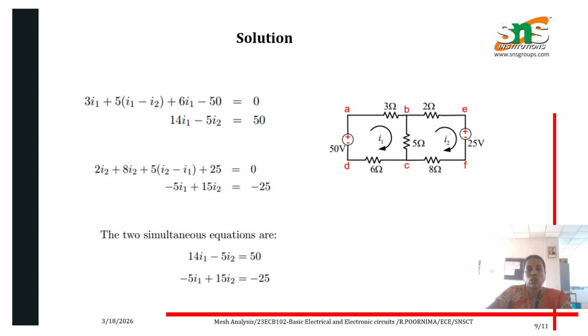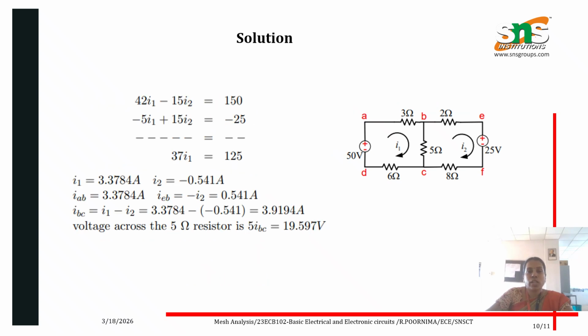By solving these two equations we get 37I1 equals 125. From this, I1 equals 3.378 amperes and I2 is minus 0.54 amperes. These are the mesh currents. In the question they asked for the branch currents.